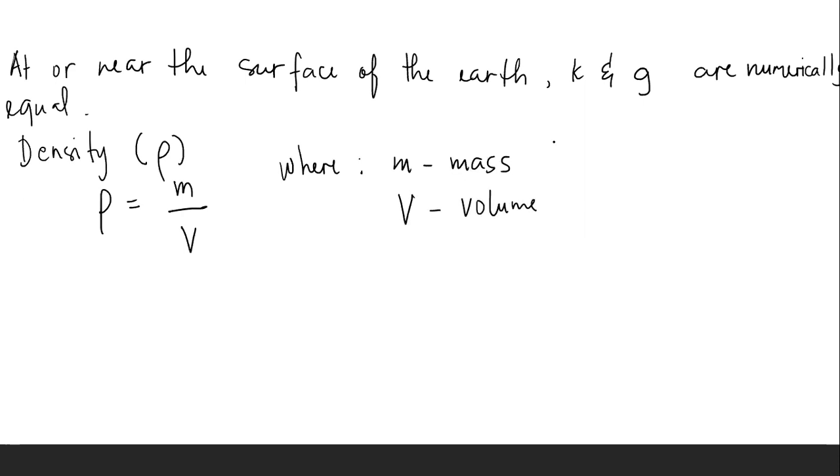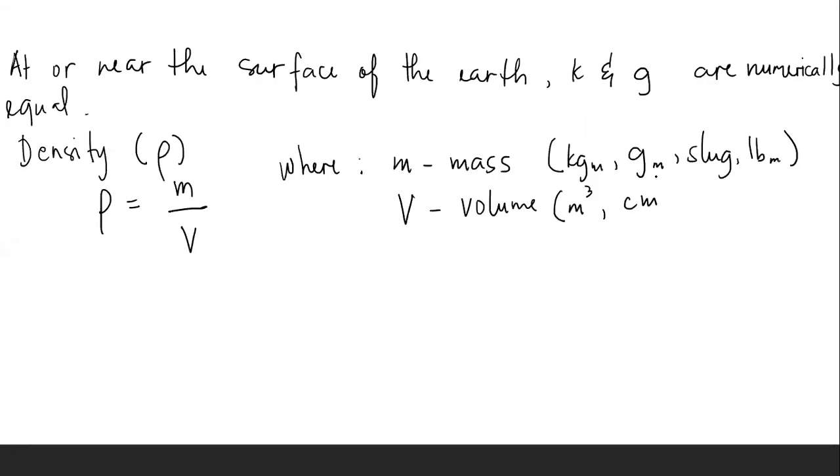What are the units of mass? You have kilogram mass, gram mass, slug, pound mass. For the volume, you have cubic meter, cubic centimeter, cubic millimeter, cubic feet, cubic inch, and so on.